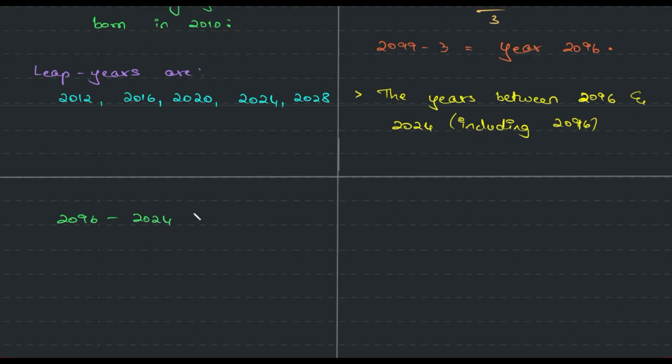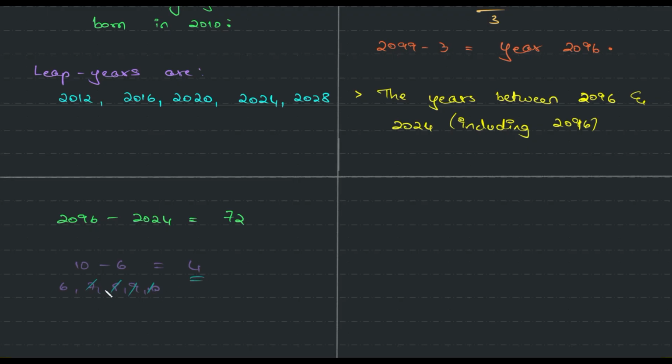So if I subtract, I'll get a number which will count the number of years from 2024, not including 2024, to 2096, including 2096. So the difference is 72. Yes, I'll explain what I mean. When I subtract 6 from 10, I'll get 4. That is basically 6, 7, 8, 9, 10. So 7, 8, 9, 10 is what I've included.